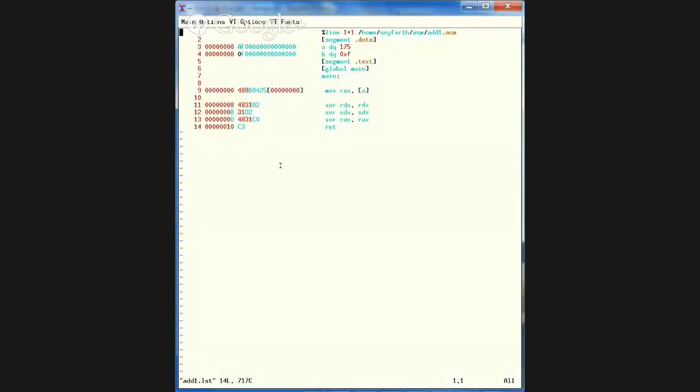All right. So now we can see the instructions for XOR RDX, RDX, and XOR EDX, EDX. The only difference between them is that the XOR with RDX begins with a 0x48 hexadecimal prefix. The rest of the instruction is the same. This is part of the evolution of the instruction set.